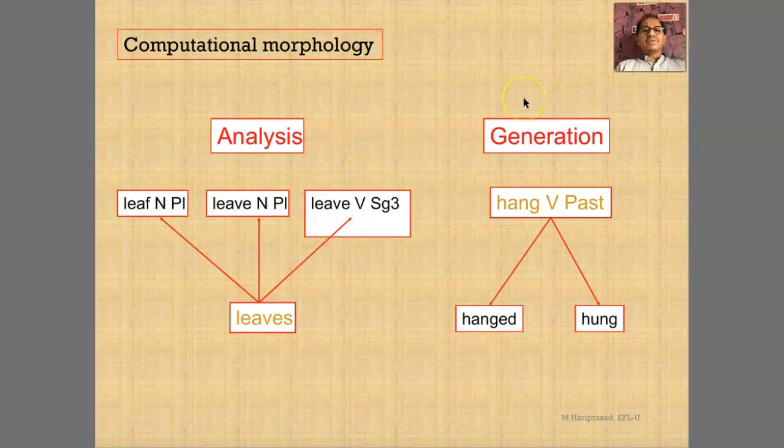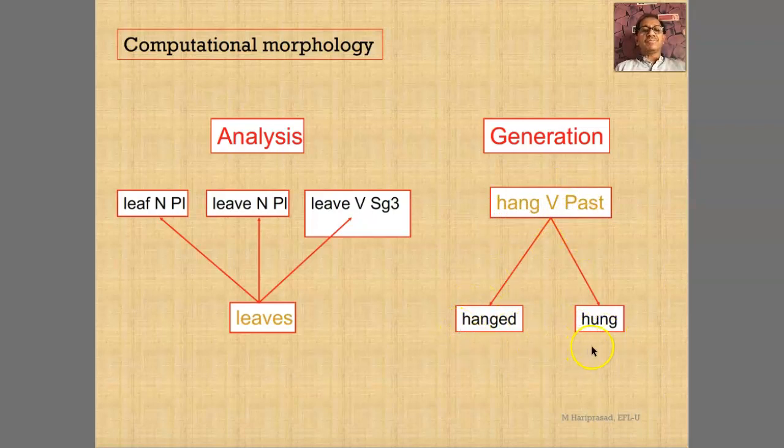The other process is generation. That is, given a word, its category and the inflection or derivation that we want, we will be able to generate the words. So if you are given a word like hang, which is a verb, with past tense morpheme, we can generate 2 words, hanged or hung.